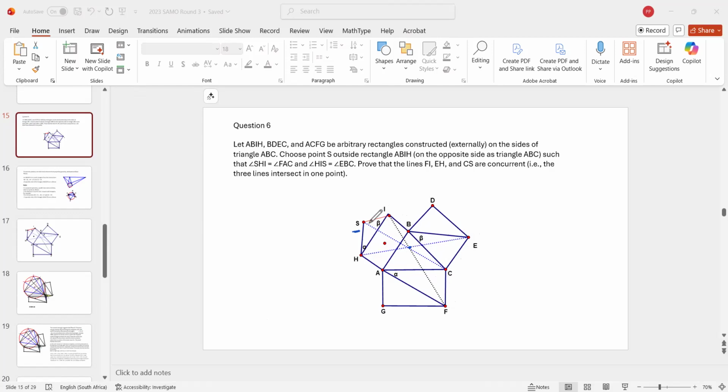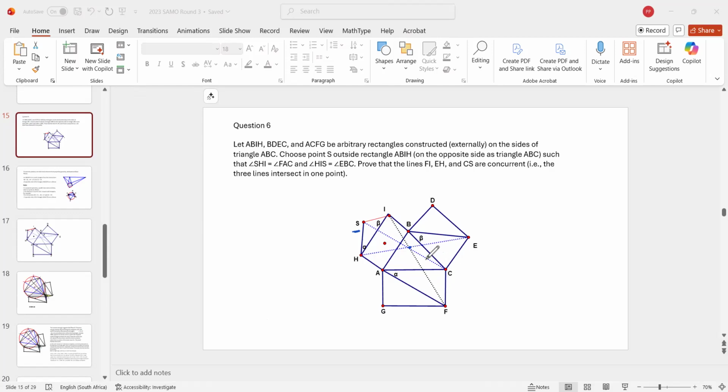It turns out that this point here, which we just constructed, when you join the third point to S, it goes through the point of intersection. So these three lines are concurrent. So that is what we are asked to prove. Prove that these three lines are actually concurrent.